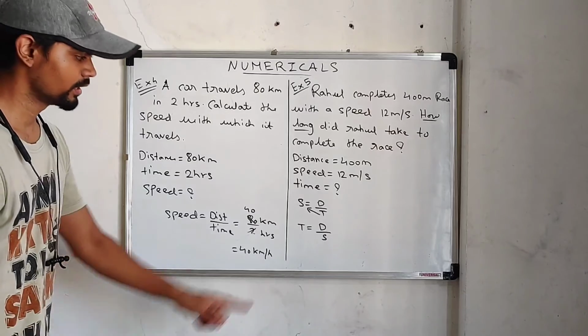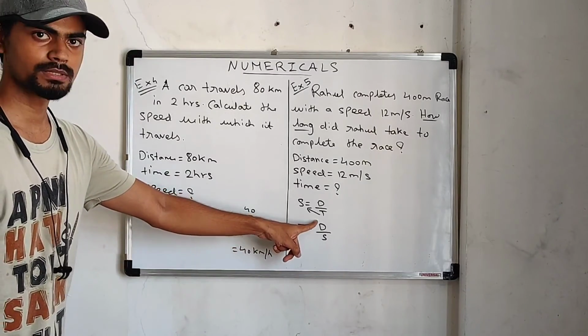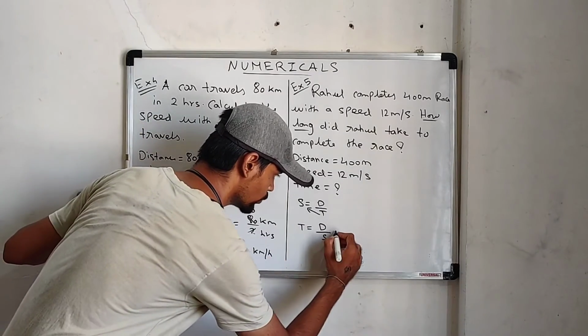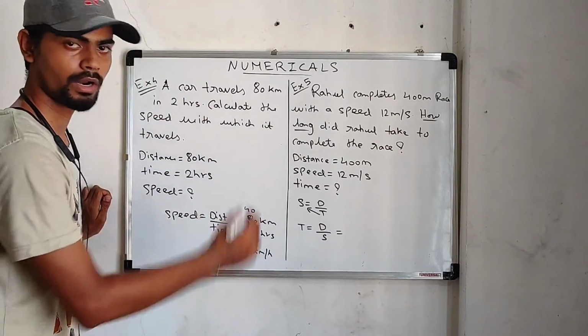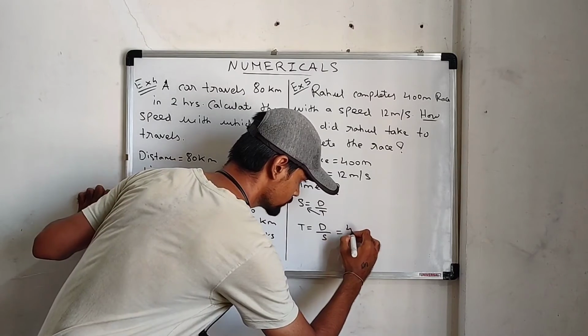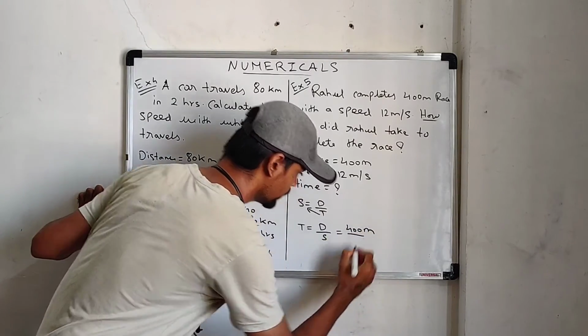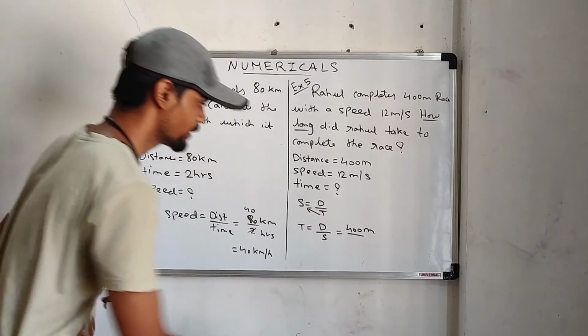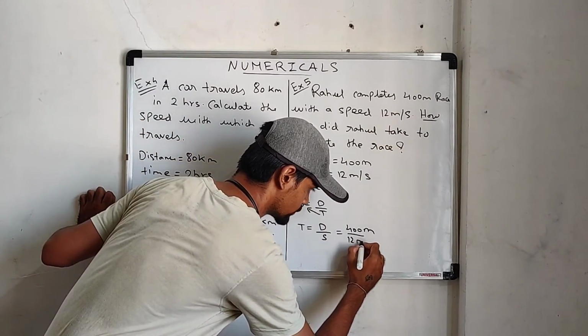T means time, D means distance and S means speed. So distance is known to us, that is 400 meter, and speed is also known to us, that is 12 meter per second.